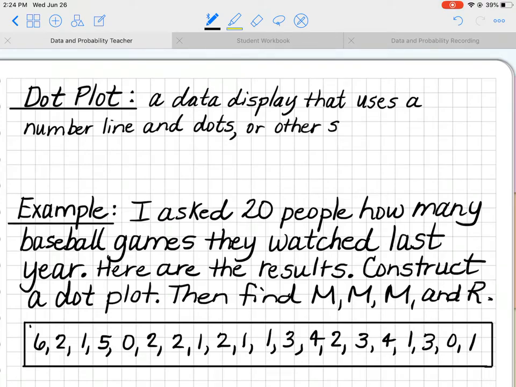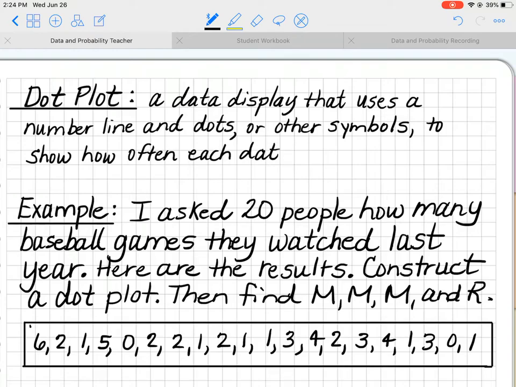It doesn't have to be a dot. It can be a square or a star or a triangle, whatever you want to use as your symbol, to show how often each data value occurs in the set.